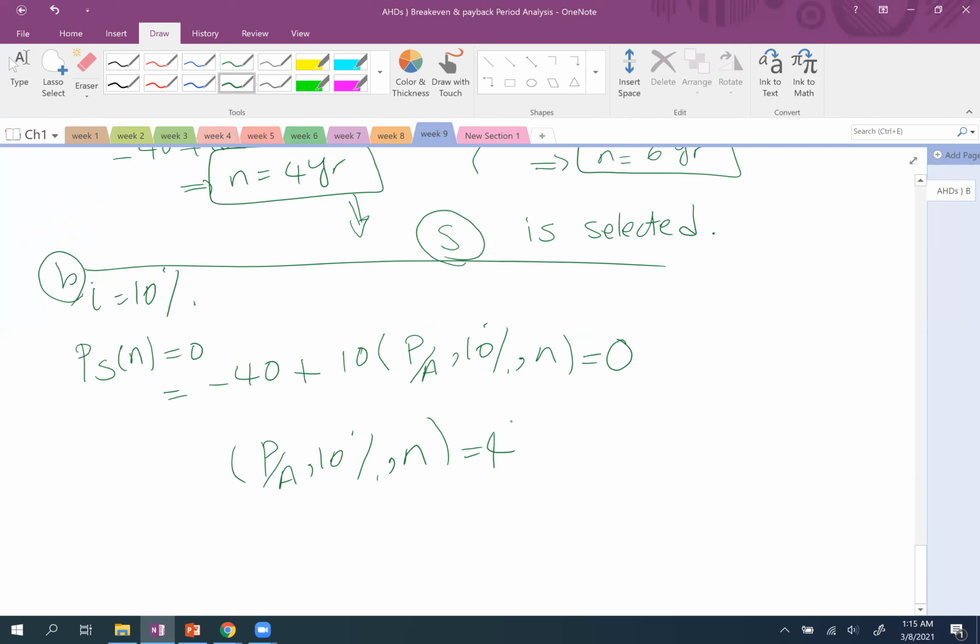If you look at the tables that we have for 10% and see where you have the value of P given A factor to be equal to 4, you will see that your n is a number between 5 and 6 from the tables.